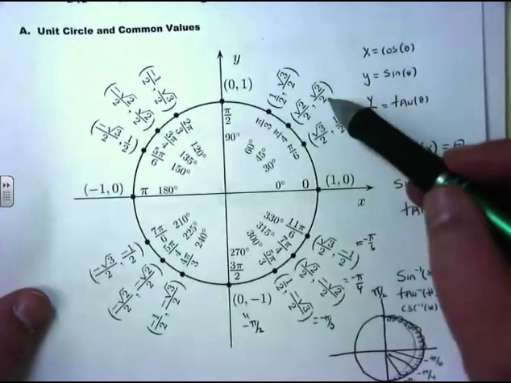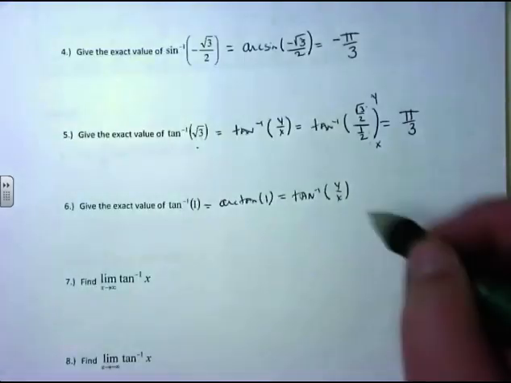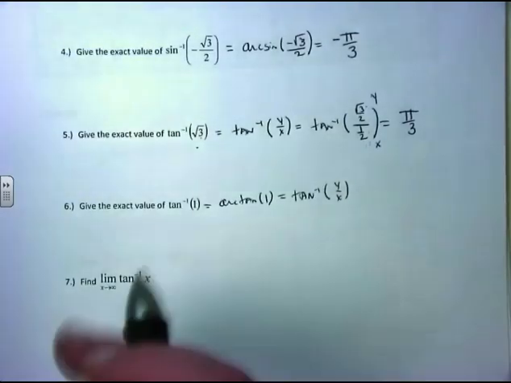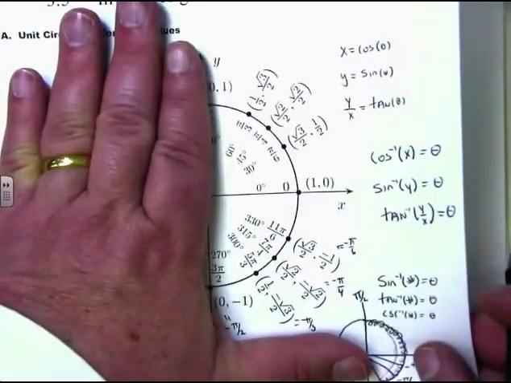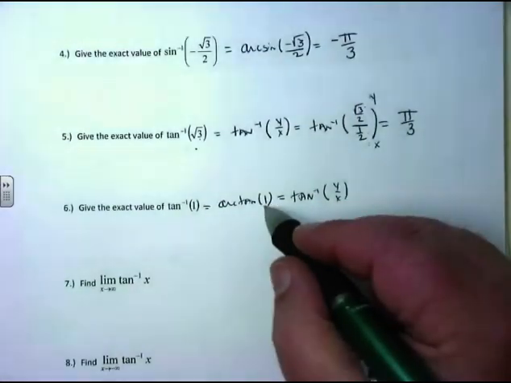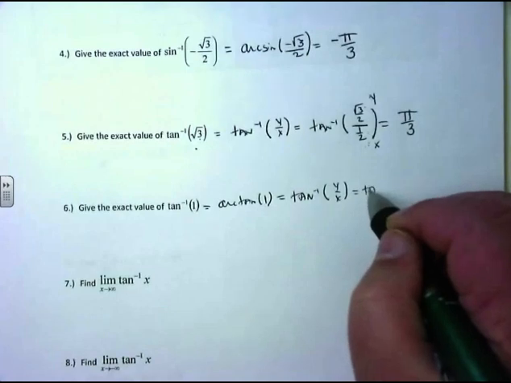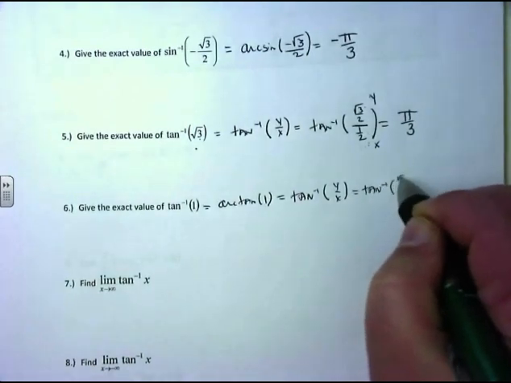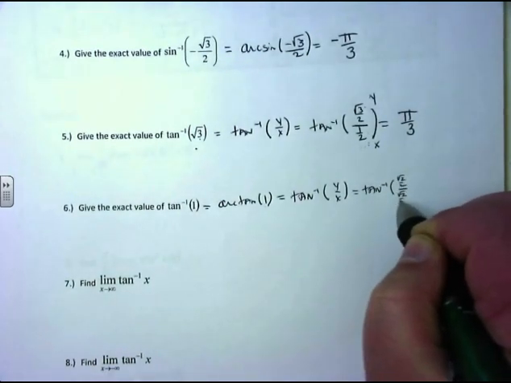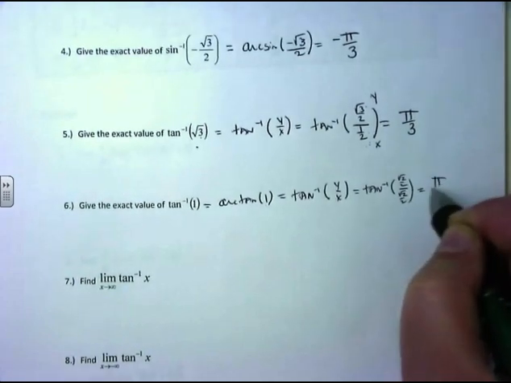Well, it's at those square root of 2 over 2, square root of 2 over 2 points here. So again, I'm looking at the right half of the graph. So to get that ratio of 1, it's the same thing as the tangent inverse of the square root of 2 over 2 over the square root of 2 over 2, a ratio of 1, which gives me the angle of pi fourths right here.